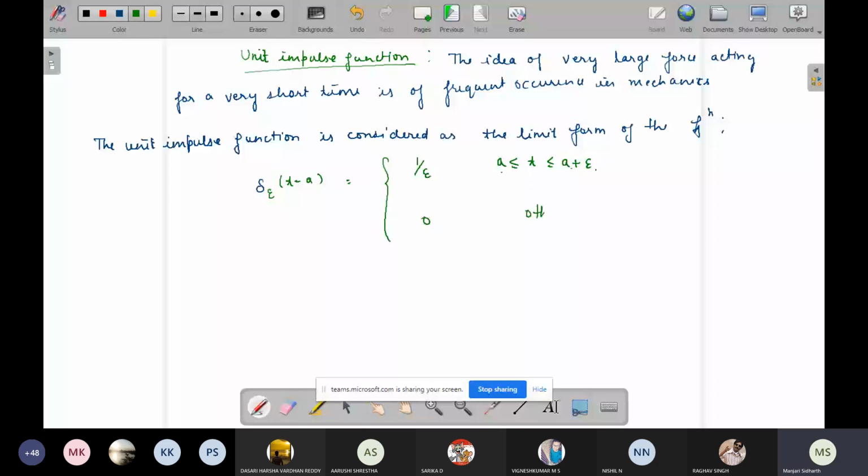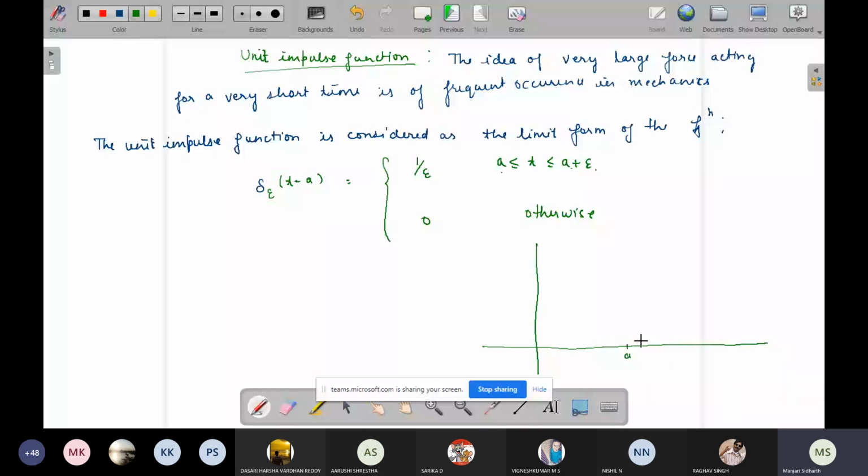So the unit impulse function is nothing but the limit form of this. Limit form of this means if we take epsilon tends to 0, the function you will get is defined as the unit impulse function. Okay, so let us see by the graph. Suppose a is here, and just to differentiate between the lines, let's take a plus epsilon here.